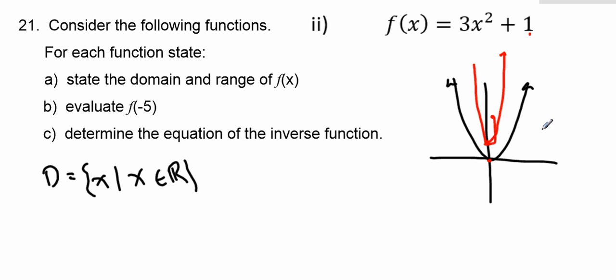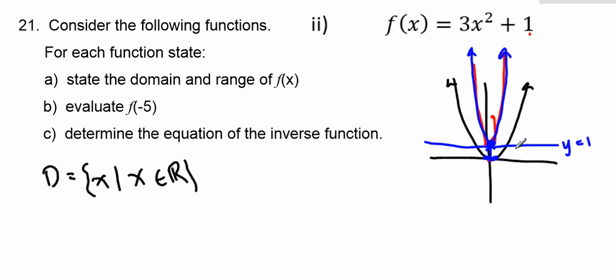Now what about the range? Well, we know from grade 10 and grade 11 that a parabola has a minimum or a maximum. In this case, it's pretty clear the parabola has a minimum. And that means that there is no value of y that will ever be below where the vertex is. Well, we know where the vertex is because originally it was at 0, 0, and then we were told to move it up 1. So this line at y equals 1 represents the absolute minimum.